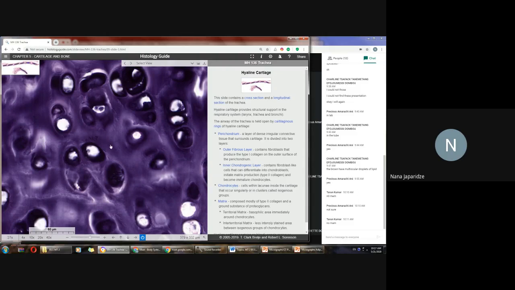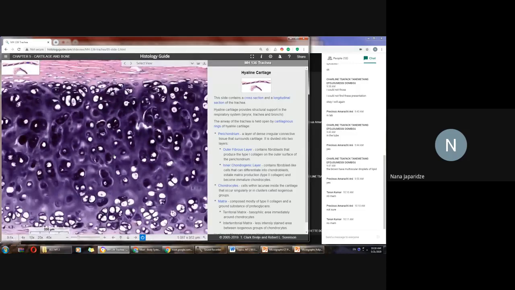That is why they are represented in groups, but they are able to produce extracellular matrix. It means the growing process takes place in the deeper layers of the cartilage too.